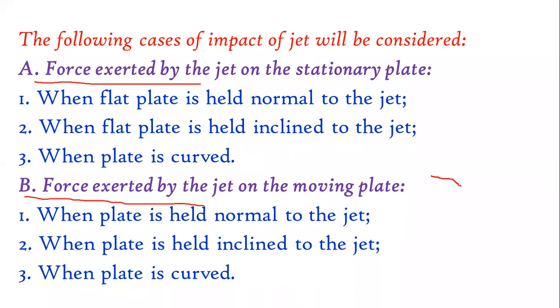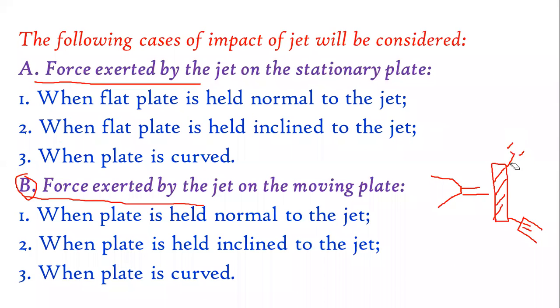That means when the jet of water falls on a plate which is stationary, or which is not moving. And second is the B part, which is force exerted by the jet on the moving plate.